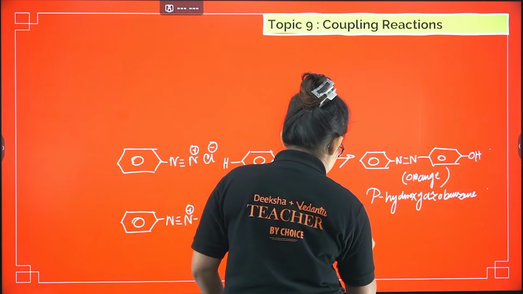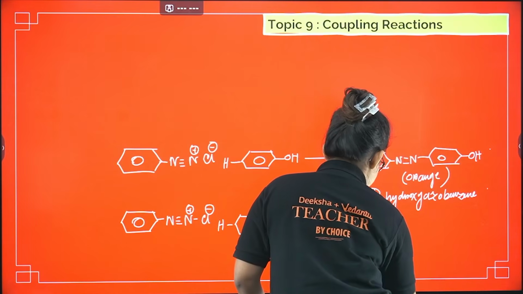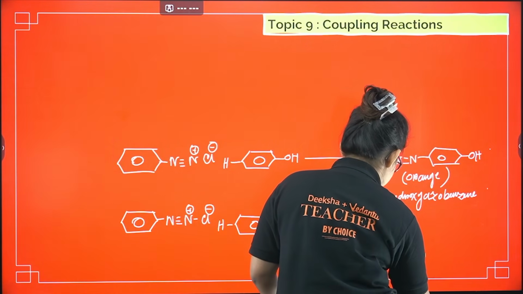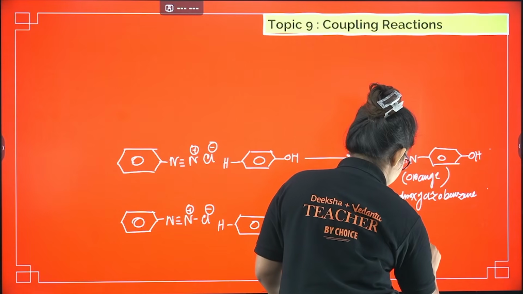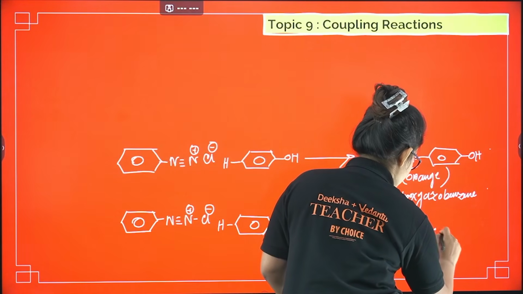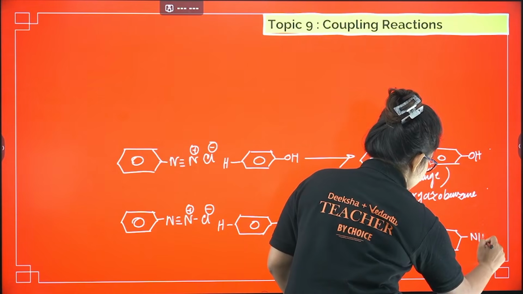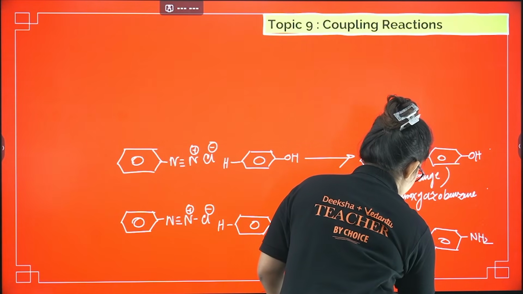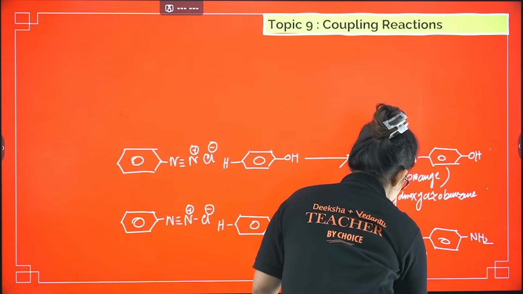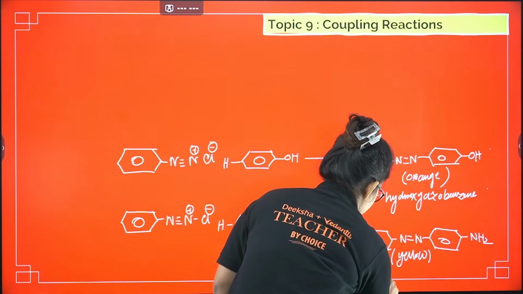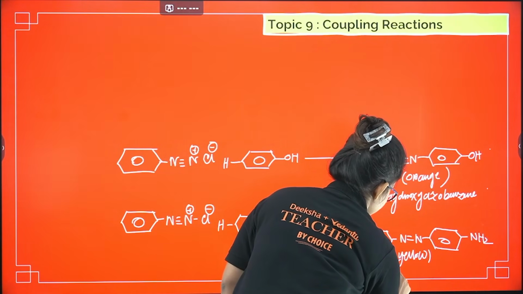Here I will get something para-amino, right? Para-amino azobenzene. What is the difference? It is yellow in color. What is the color of it? This is yellow. What is the name? Para-amino azobenzene.